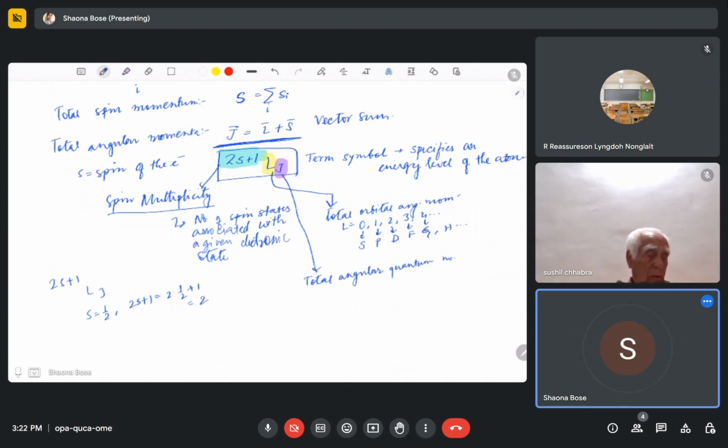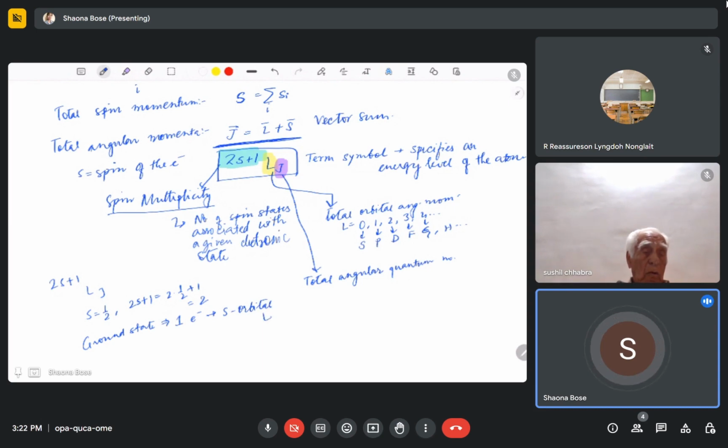Now L is the angular momentum, right? So for the ground state of hydrogen, there is only 1 electron, and this is obviously in an s orbital.